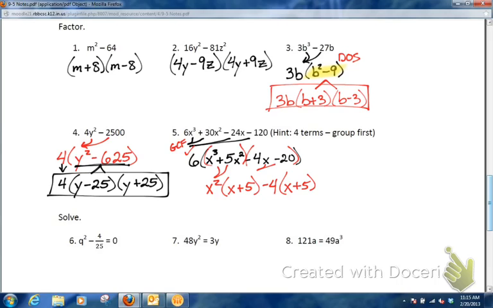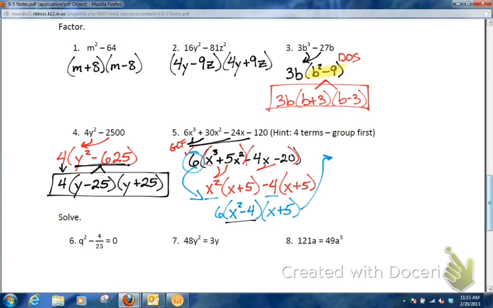So my group factoring work turns into x squared minus 4 times x plus 5. But don't forget, first thing you did was take out that 6, so there's a 6 sitting out here in front. And now one more step. You still even have one more step. And that one more step is that you got to check all your pieces.